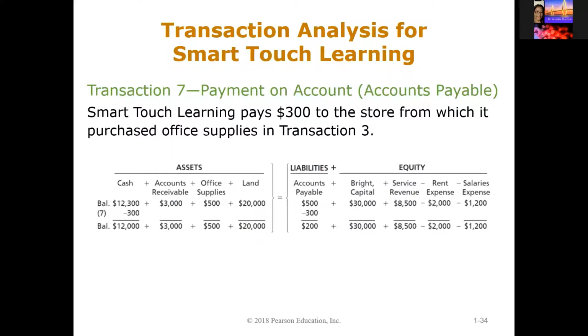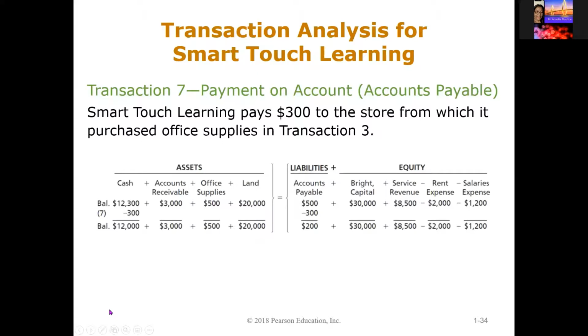In transaction 7, there's a payment on account. So remember when we said when there's a payment on account, it is considered accounts payable. In this scenario, Smart Touch Learning pays for part of the office supplies that it purchased on account back in transaction 3.